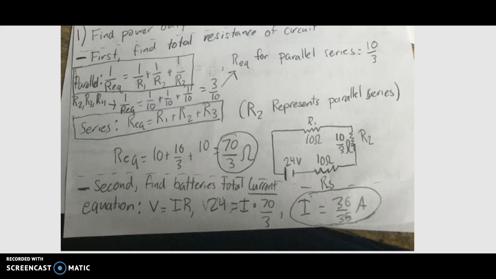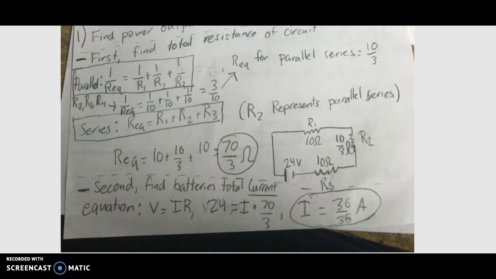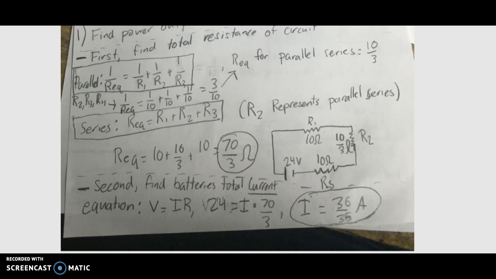Okay, great. We have that. Now we need to get back to the power output of the battery. But there's one more step we need. We have ohms, but we need current. The equation to find current is V equals I times R. That's one of the equations, but this is the one we'll use because we have both voltage and resistance easily available, and it's just some quick math.